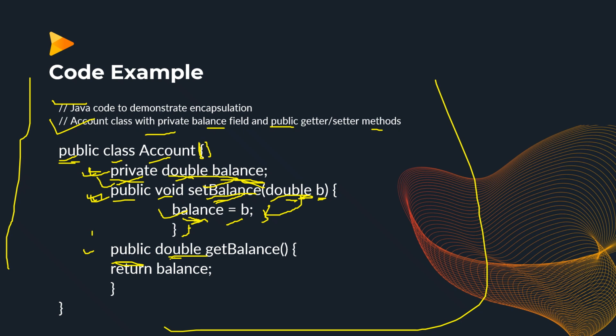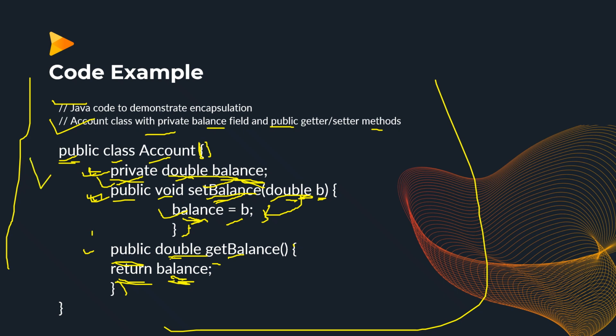So double getBalance is the name of the method, and in these brackets we are not giving any parameter. In the curly braces we are going to return balance. Balance is the variable name, and we are going to return it. So when someone calls this method, we are going to see the balance of our account.